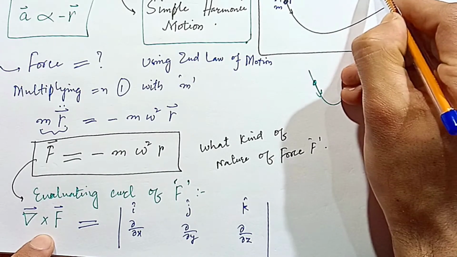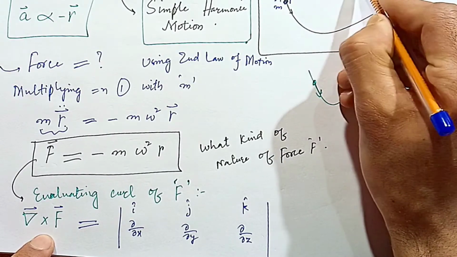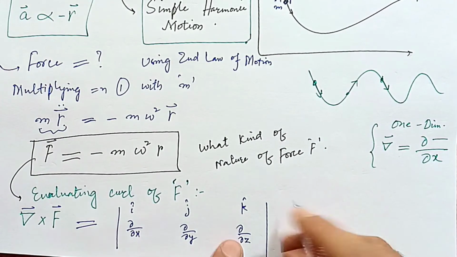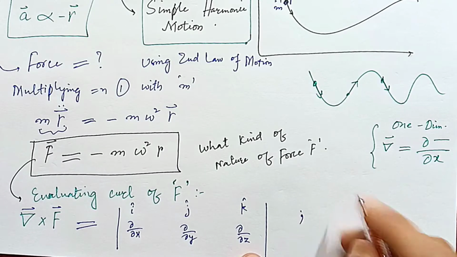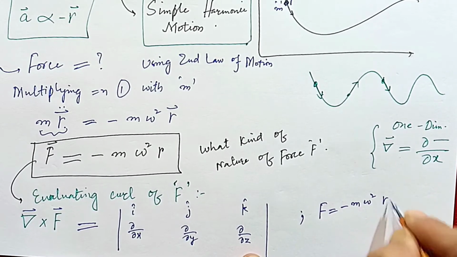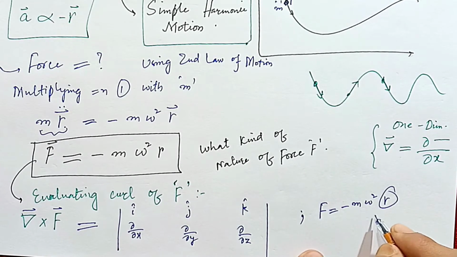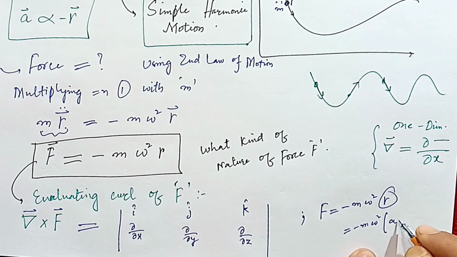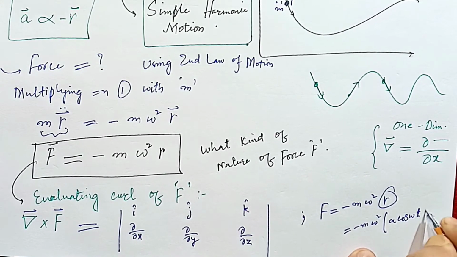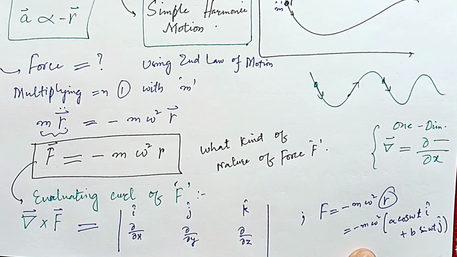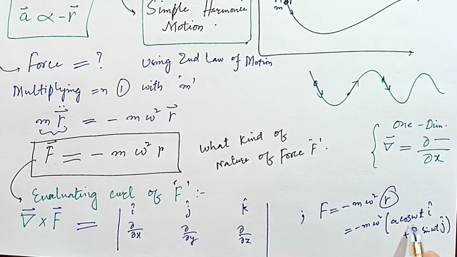Along the x-axis the component is a cosine of omega t, and along the y-axis, so here I will be writing F equal to minus omega squared r. Omega squared r is equal to a cosine of omega t along the i-axis plus b sine of omega t along the j-axis, that is the y-axis. So we have two components.